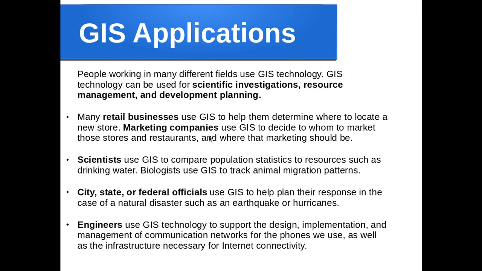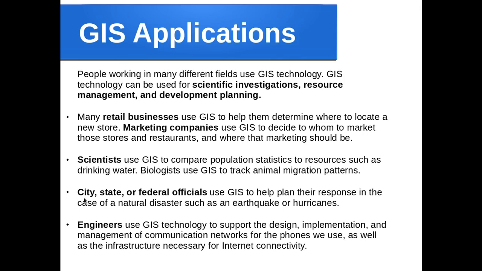Also scientists use GIS in order to compare population statistics to resources such as drinking water, or even to determine what are the areas where certain species live and what are their migration patterns.